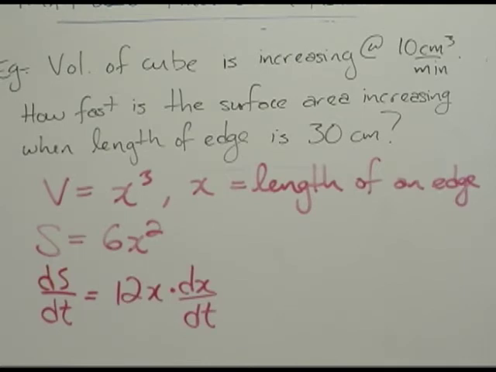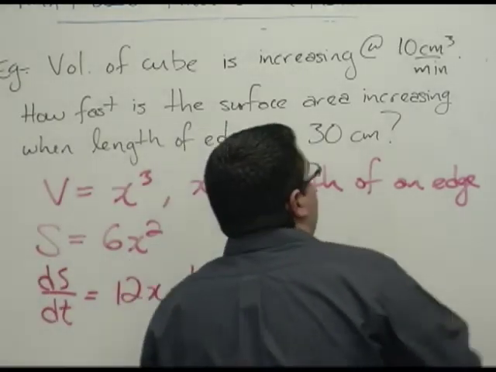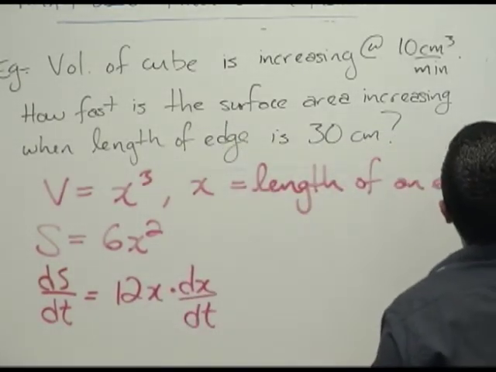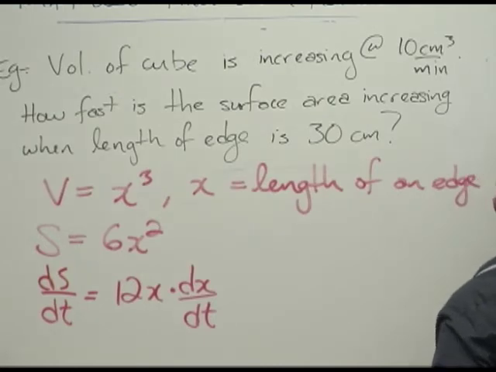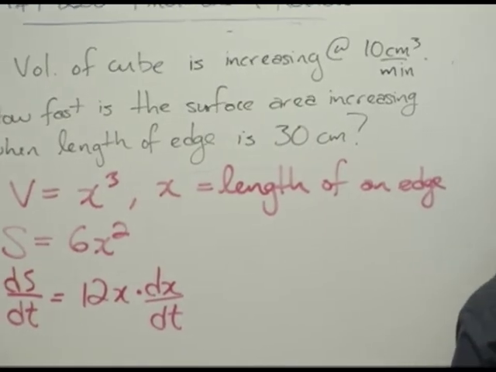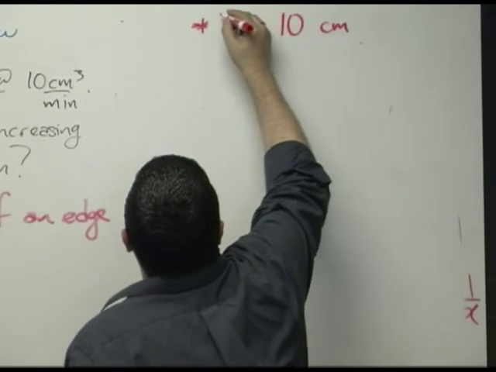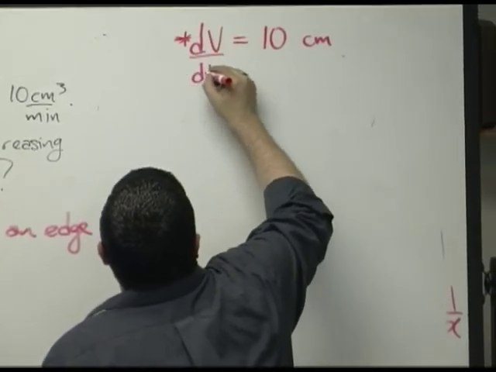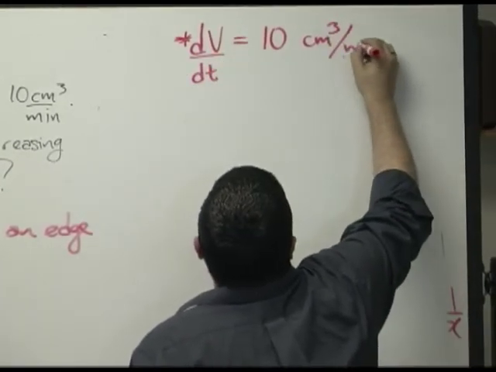Okay? Now, let me move over here. What else do we know? We know that the volume is increasing, so dV/dt must be 10 centimeters cubed per minute.